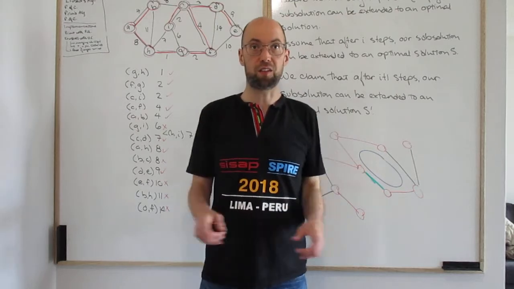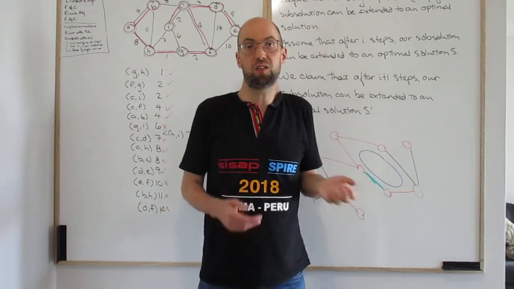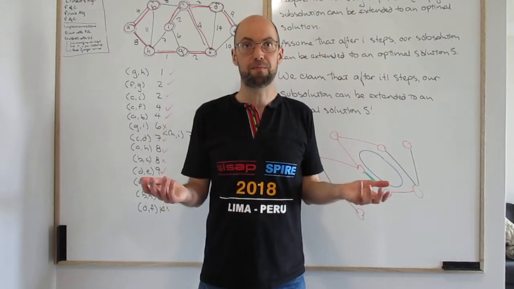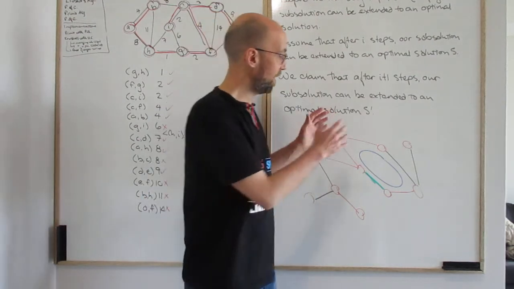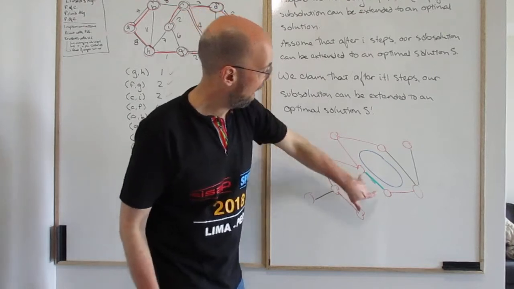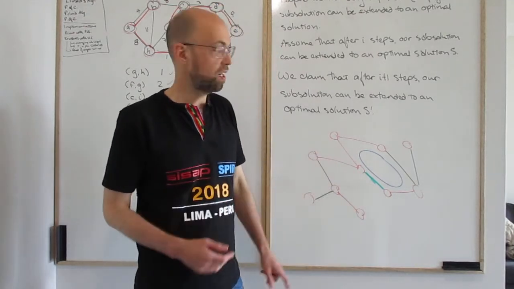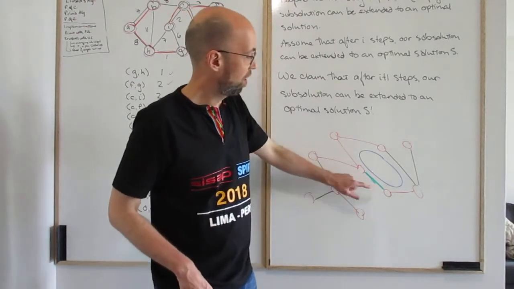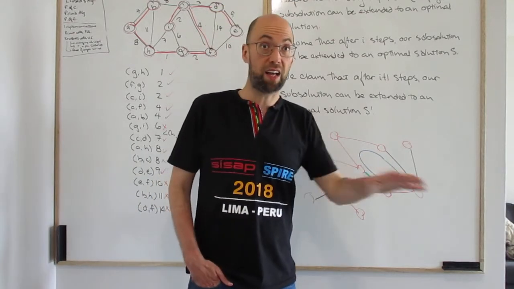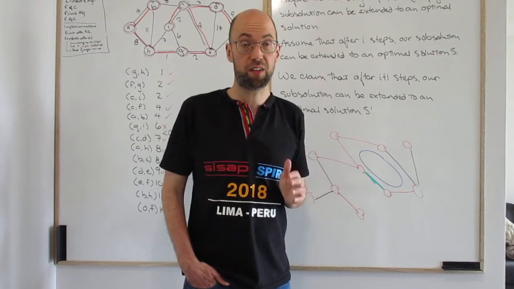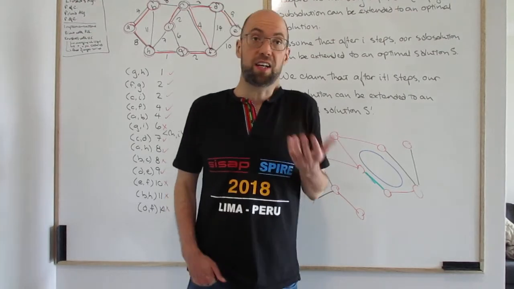So if you have a cycle and you take an edge out of it, you're not disconnecting anything. So that means we can take S's solution, add our edge, it creates a cycle, find some edge in that cycle that S has that our sub-solution doesn't have, take it out, and get a tree again.